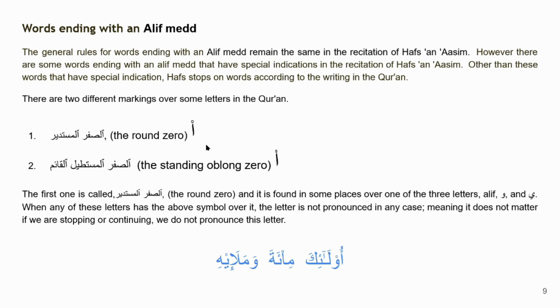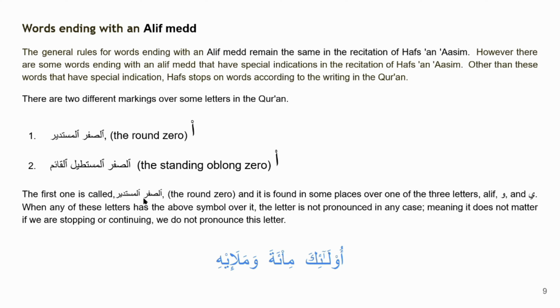And the other one is as-sifr al-mustatil al-qa'im, the standing oblong zero, where the shape of the zero is slightly different than the round zero. So you can see here the standing oblong zero, or sifr al-mustatil, is different than sifr al-mustadir.